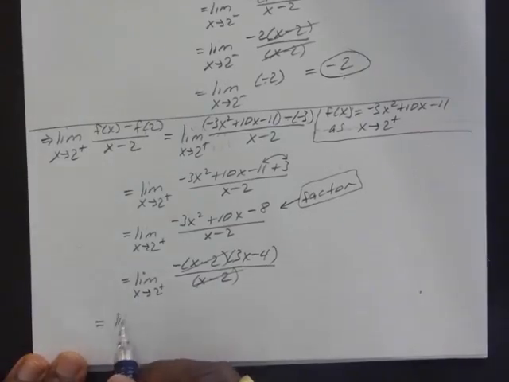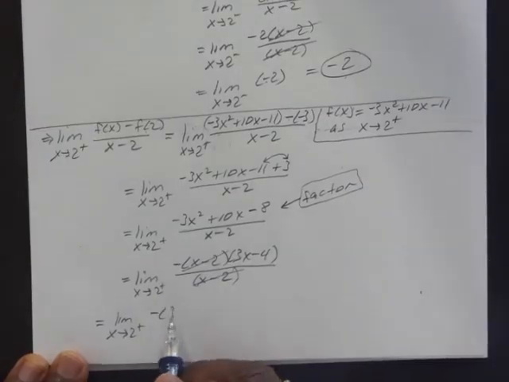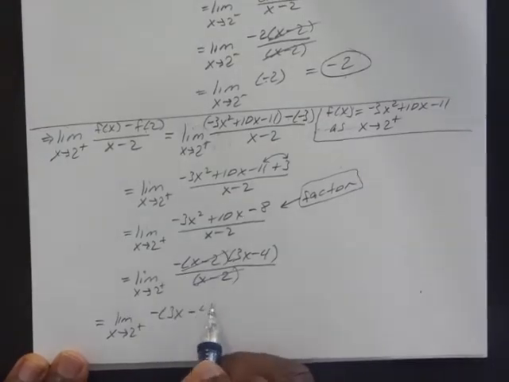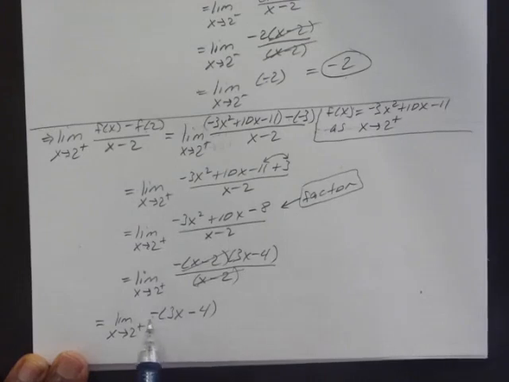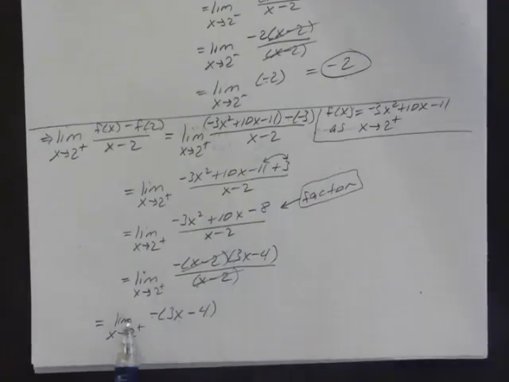That's equal to the limit as x approaches 2 from the right of negative (3x minus 4). You could distribute it if you want to and make it negative 3x plus 4, or you can leave it factored like that. So now we can use direct substitution. We couldn't do it up here, but we can do it down here.